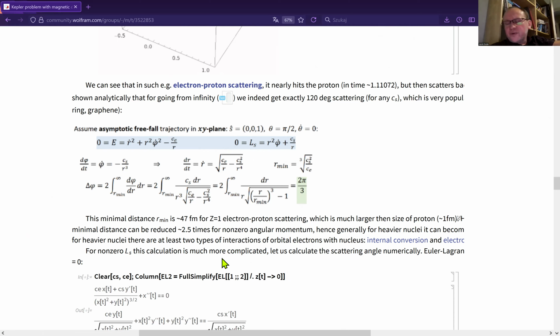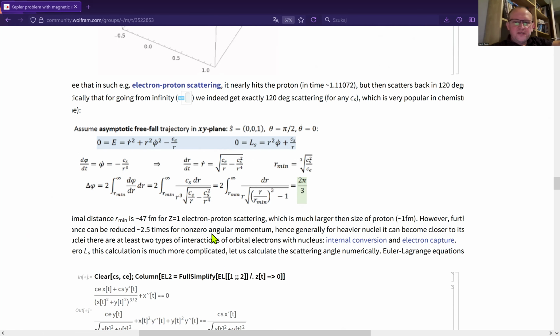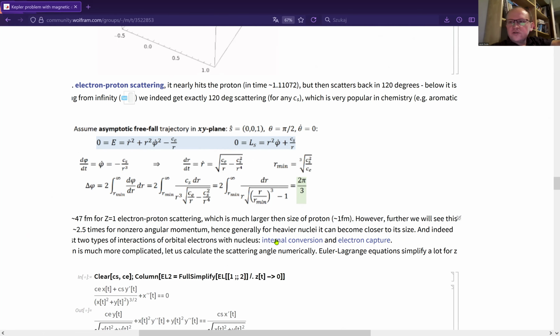And for larger nuclei, maybe there could be interaction between the electron and the nucleus. And yes, indeed, there is interaction. It's called internal conversion when the electron gets some energy from the nucleus, and electron capture when the electron is captured by the nucleus.